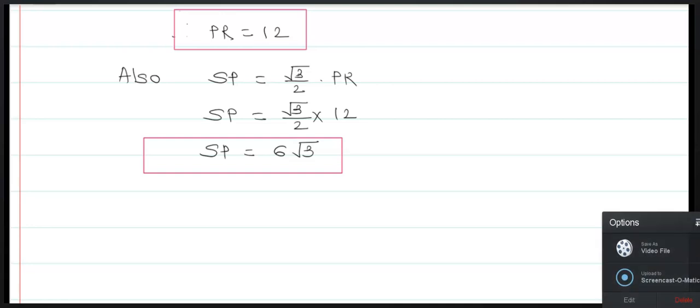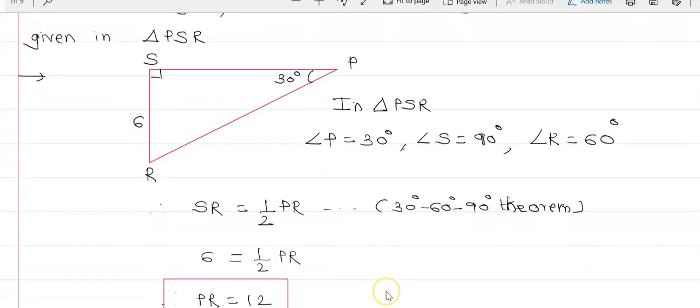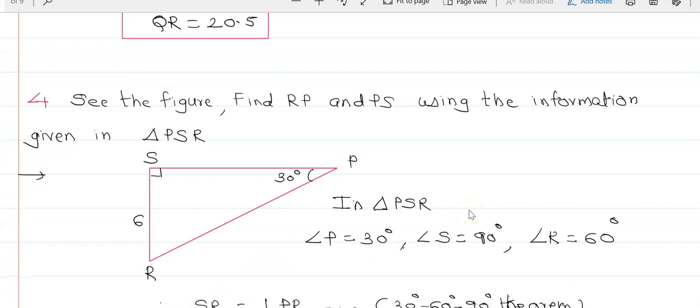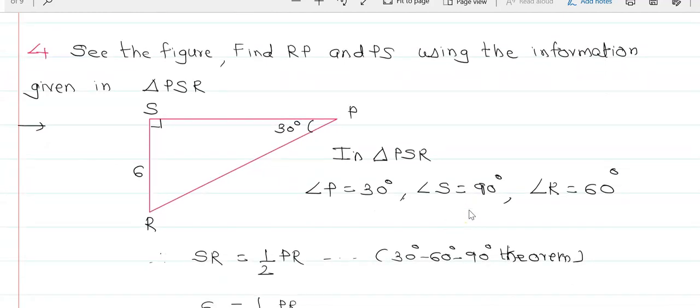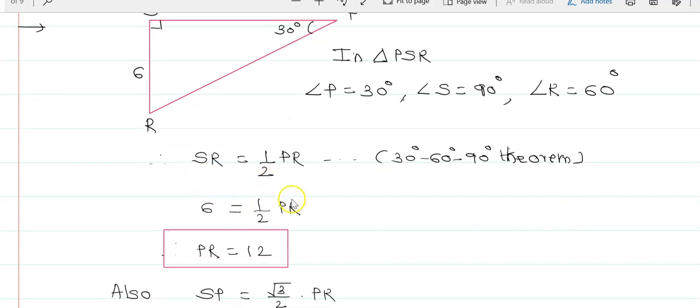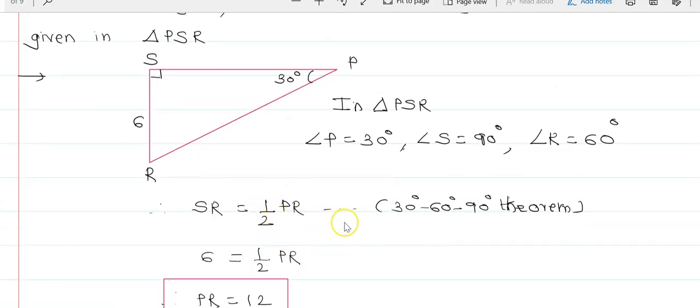Now, we will see this again here. See the figure. Find PR and PS using the information given here. Measure of angle P is 30, this is 90 and 60. SR is equal to 1 upon 2 PR.